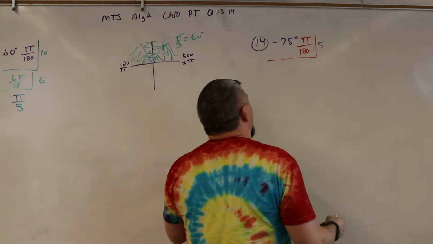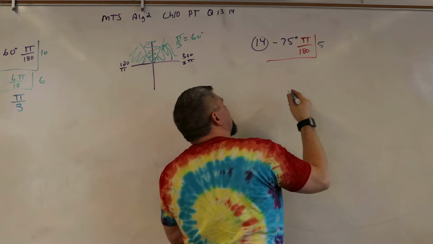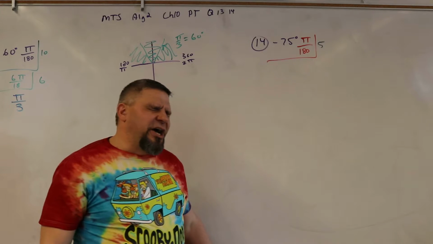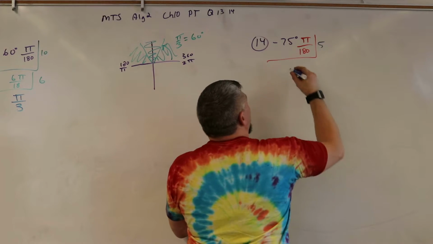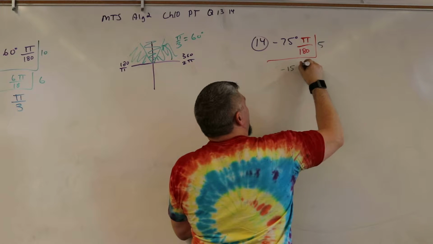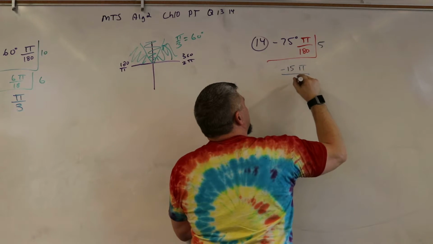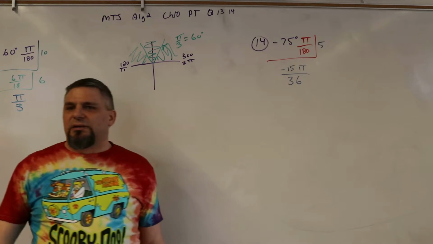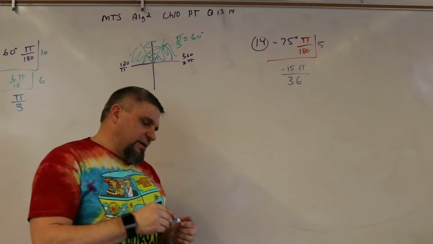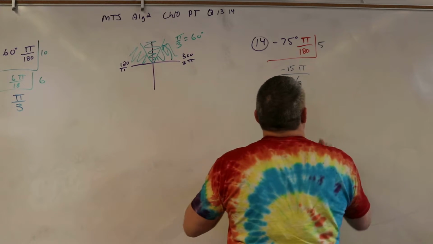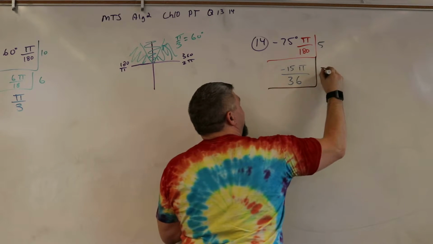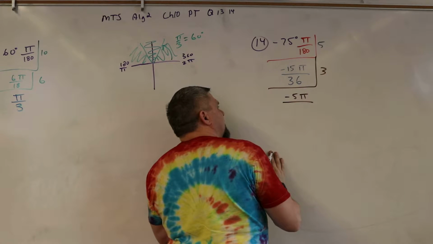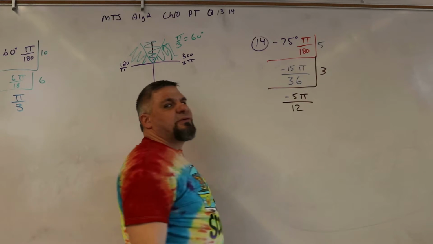Okay, so 5 goes into 75, how many times? 15. And 5 goes into 180, 36 times. So it goes into 15 and 36. 3. Yeah. 3, okay? Negative 5 pi over 12.